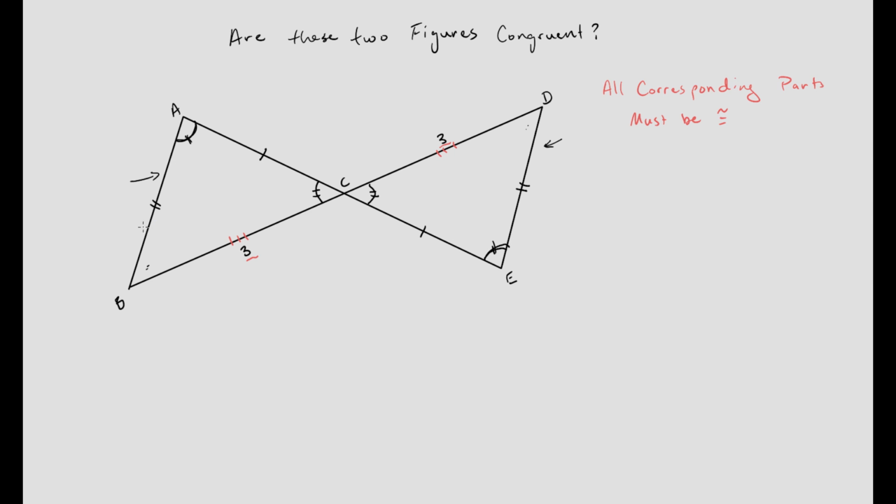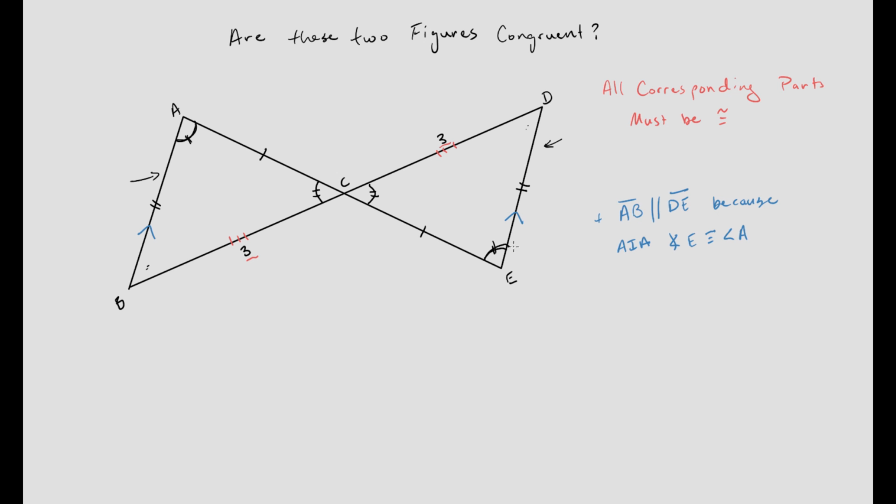Therefore, I know that this must be parallel to this. AB is parallel to DE, and that's because of the alternate interior angles, in this case, angle E is congruent to angle A. Okay, great. And again, that's not super formal, but I've justified my work. I know why those two lines must be parallel.